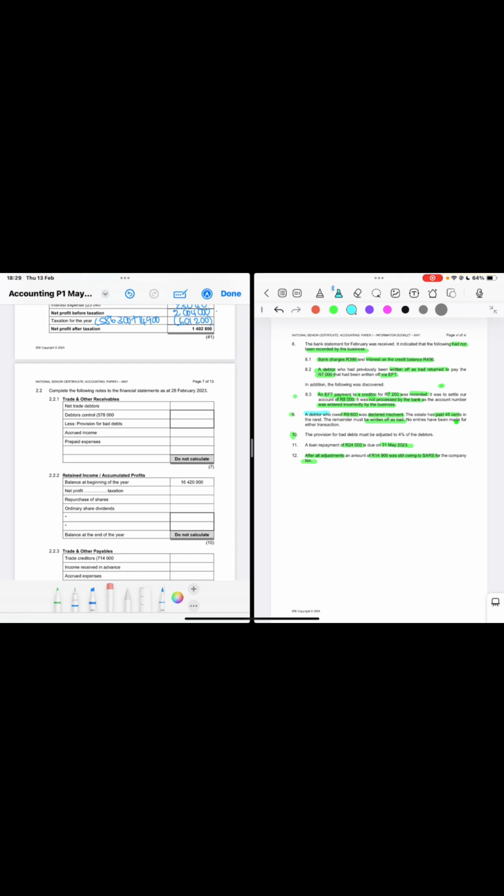Some of the amount was paid, but we need to just remove the full 9,600. That was the only adjustment that affects our debtors control. So that'll be 578,000 minus 9,600.